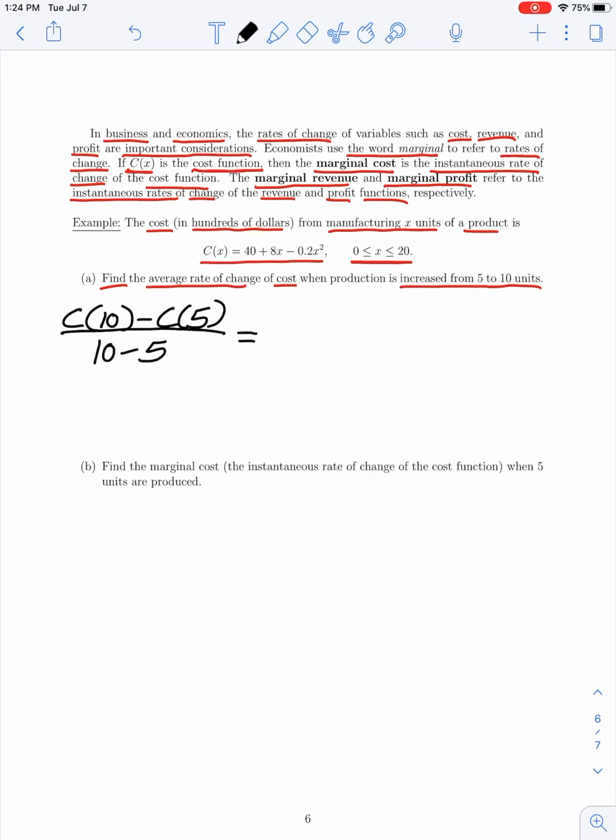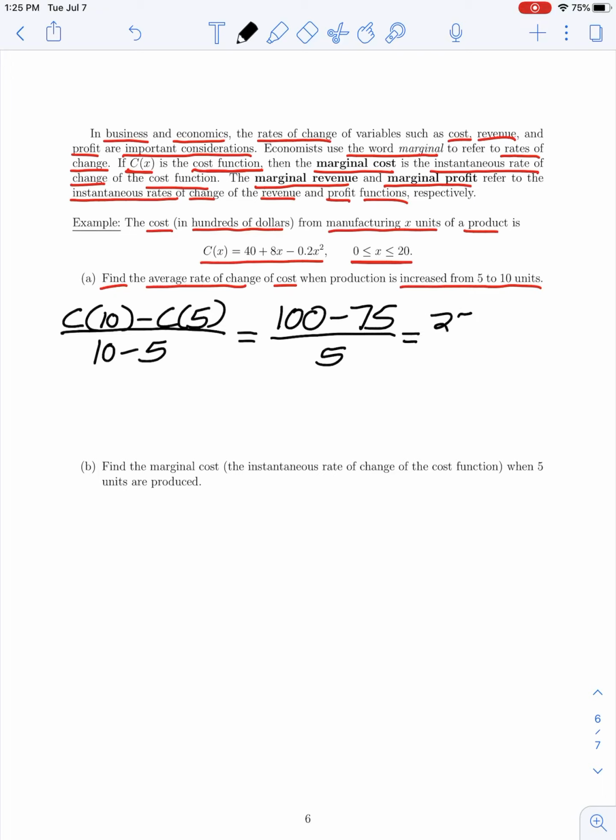Evaluating our cost function c at 10, we are left with 40 plus 80 would be 120, minus 0.2 times 10 squared, or 100, would be 20. So that leaves us with 100. Minus, when we evaluate our cost function at 5, we have 40 plus 40 is 80, minus 0.2 times 5 squared, or 25, which would leave us with 75, all over 5.